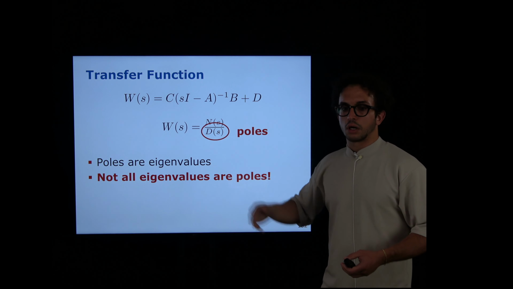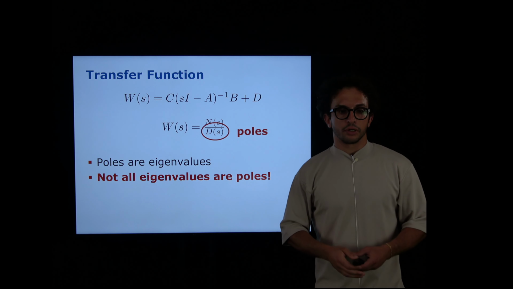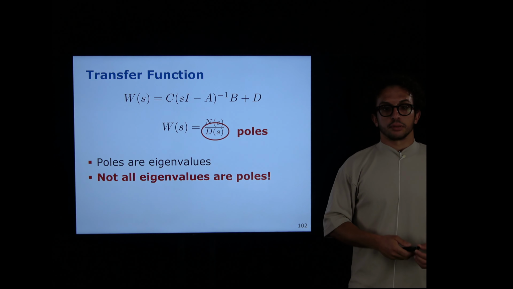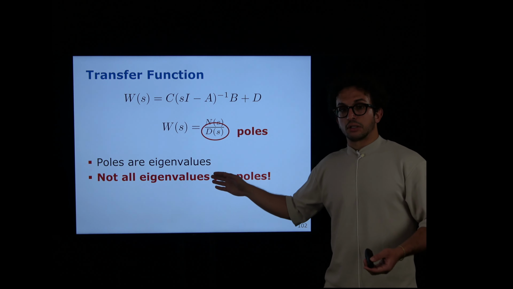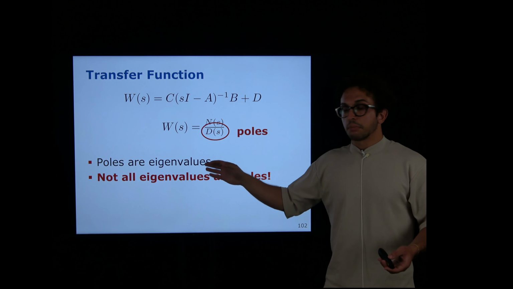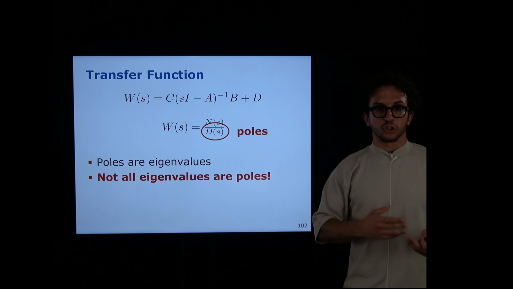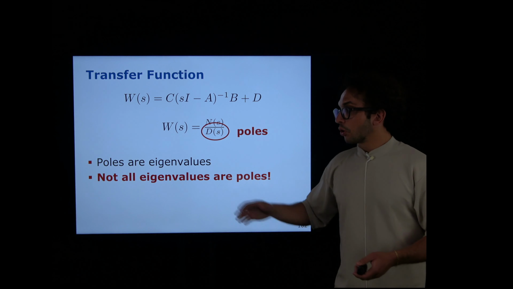But we want to focus on the denominator. The poles of the transfer function, which are the roots of the denominator, are all eigenvalues of the system. Not all the eigenvalues are poles, though, because there might be cancellations, and so some eigenvalues do not appear as poles, but all poles are eigenvalues.